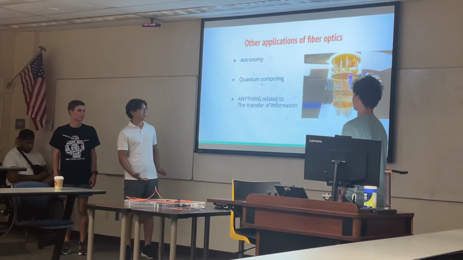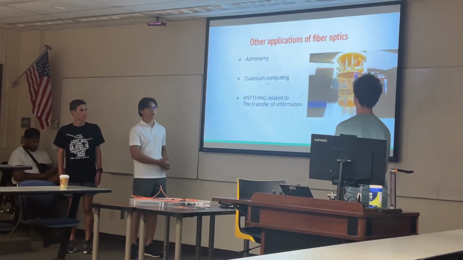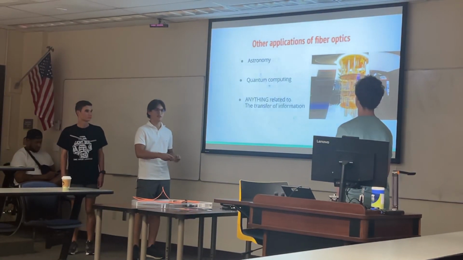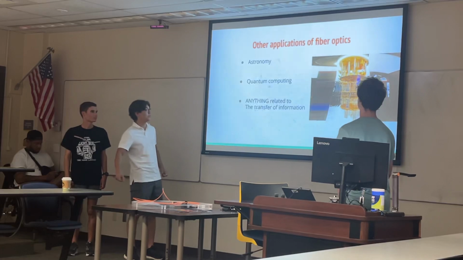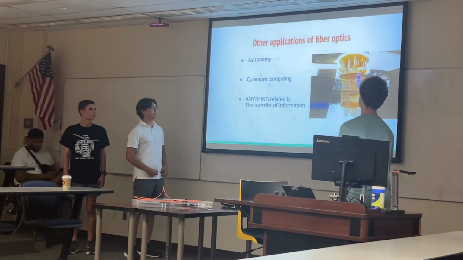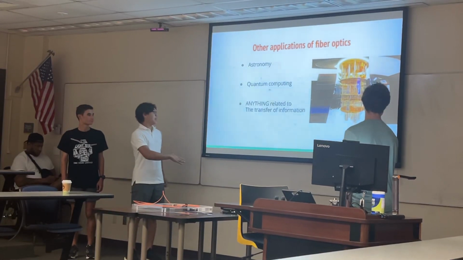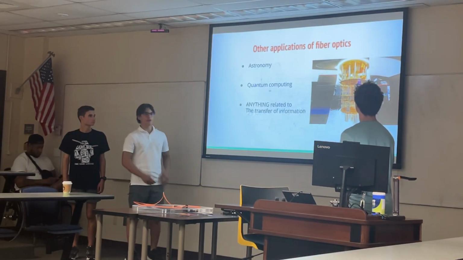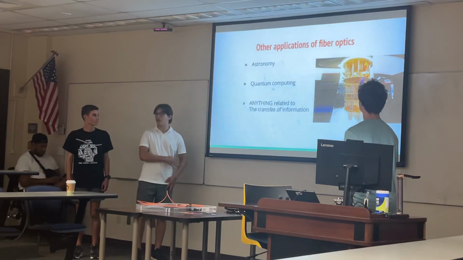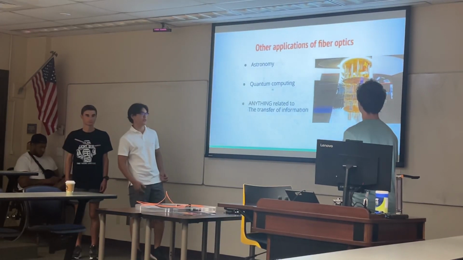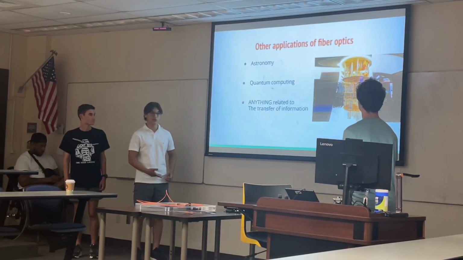Technically, using quantum computing and fiber optic cables, where you would send these particles to different places, you could transmit information faster than light. Anything related to the transfer of information, fiber optics revolutionizes, because it allows you to transfer information at the speed of light.